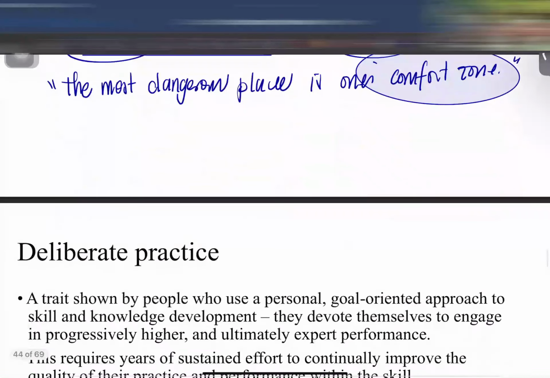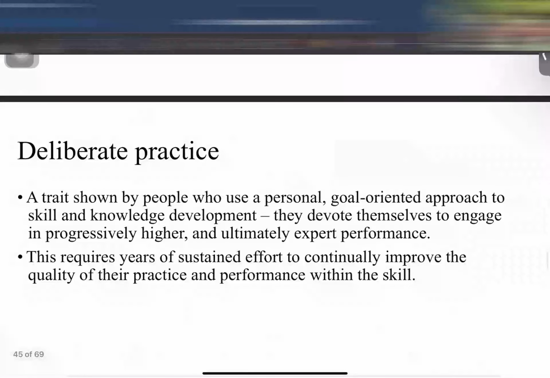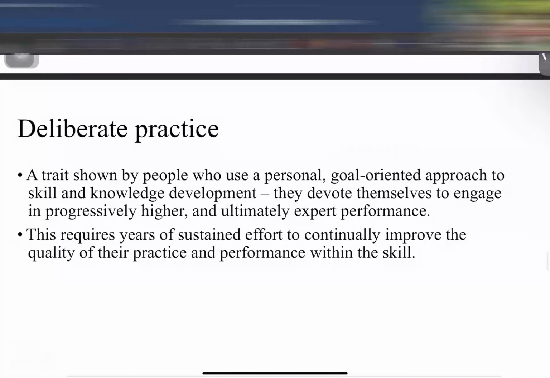Now, when we talk about deliberate practice, it is a trait shown by people who use a personal, goal-oriented approach to skill and knowledge development. And that is by devoting yourselves to engage in higher and ultimately expert performance. So take note, trait po natin yan, tapos goal-oriented.